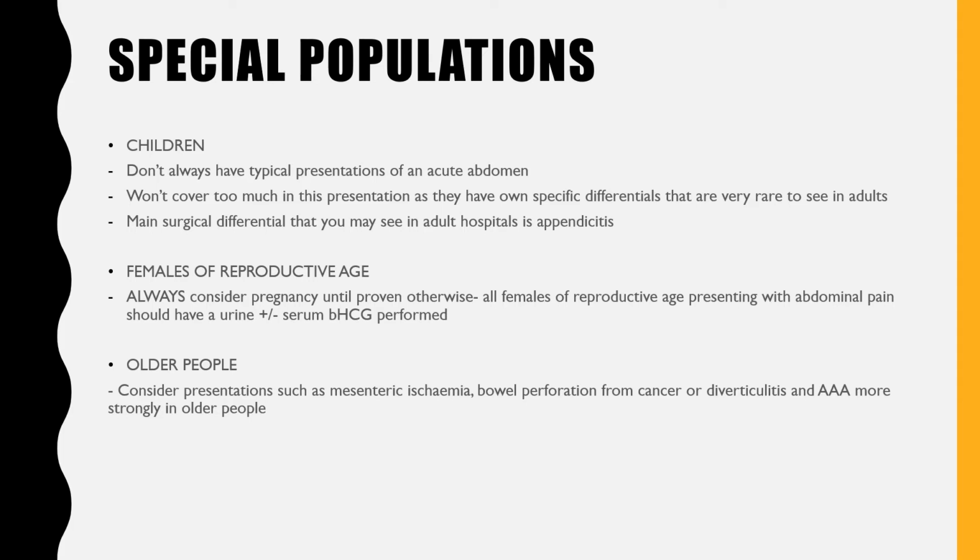So just consider all these things, and sometimes they might have pain out of proportion to your physical findings with some of these presentations. So you should really take older people with abdominal pain quite seriously.